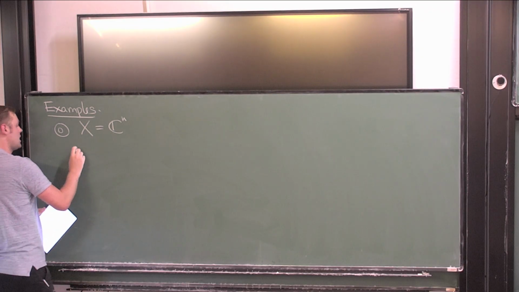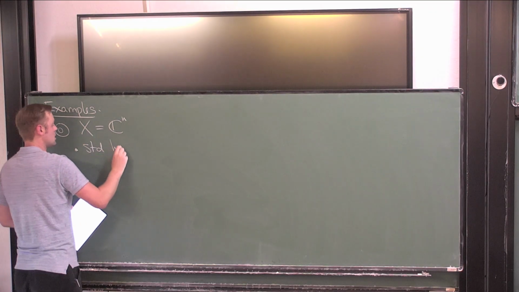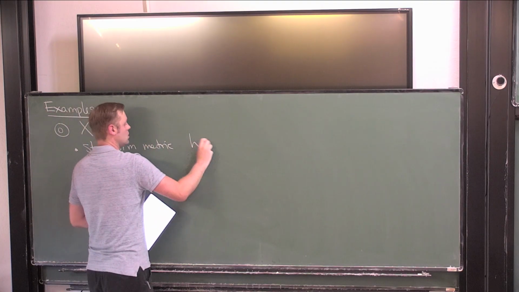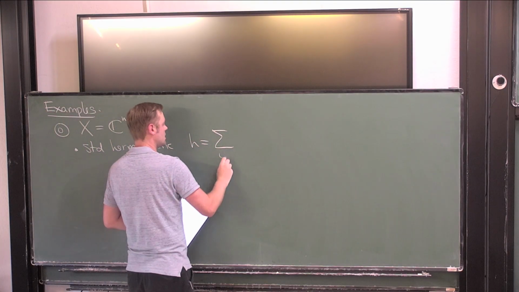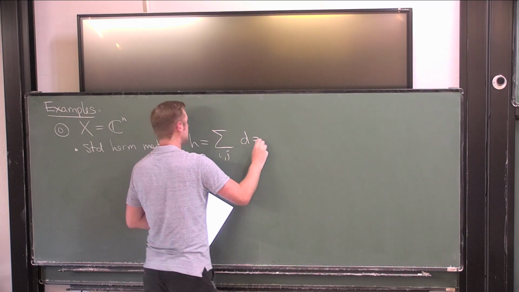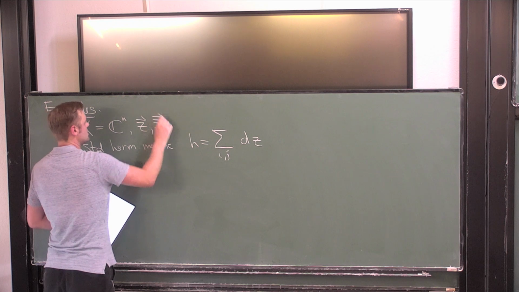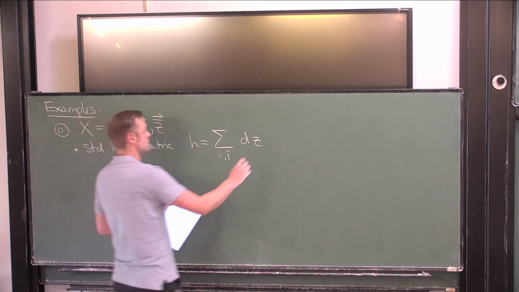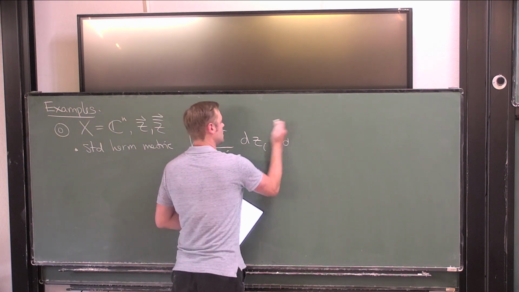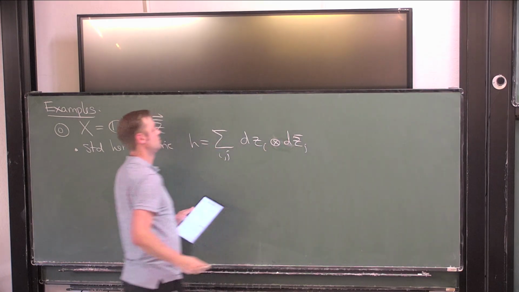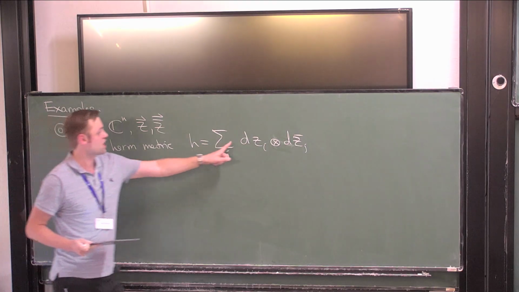So this has the standard Hermitian metric, which is just the sum of, this comes with coordinates Z and Z bar. So you just have this very standard metric where all the h_ij are just 1.